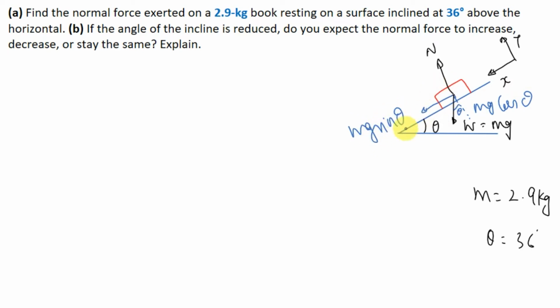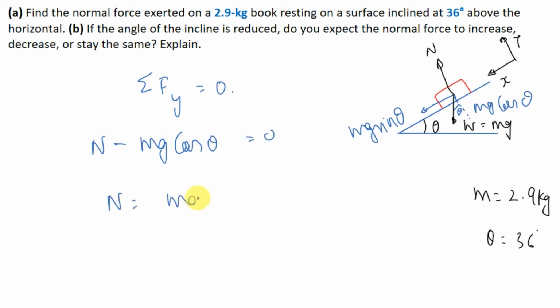Now we have to find the normal force. In the y direction there is no motion or acceleration, so sigma Fy is 0. So we can write that N minus mg cosine theta equals 0, and from here N will be equal to mg cosine theta.